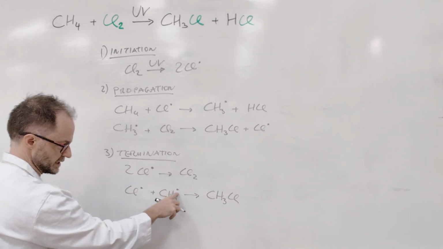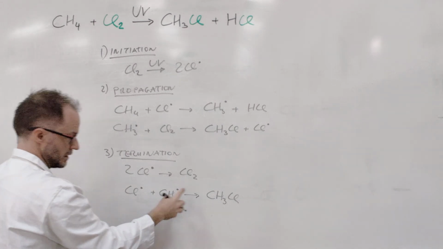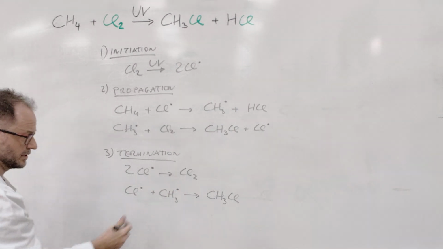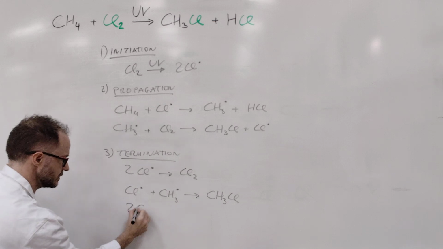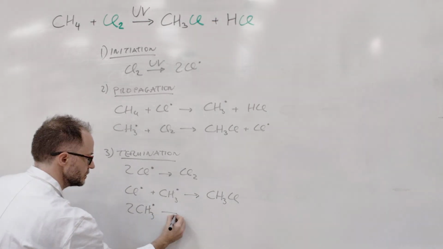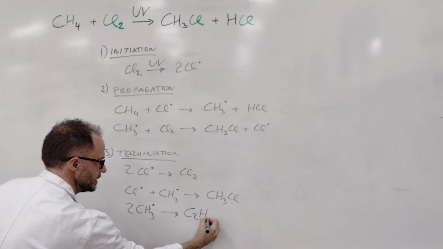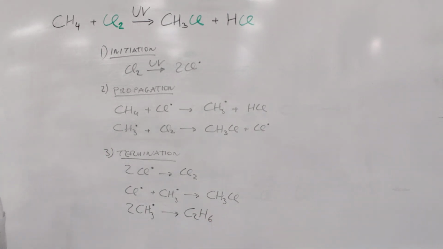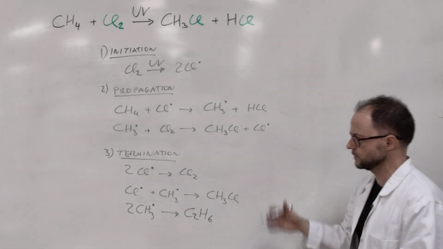By the way, it's okay to put the dot there for the free radical. Technically it should be on the carbon, but that's not something they're too picky with. And then if we have two methyl free radicals, you get C2H6 ethane. So that's the shorthand form way of doing it without having to use curly arrow annotations.